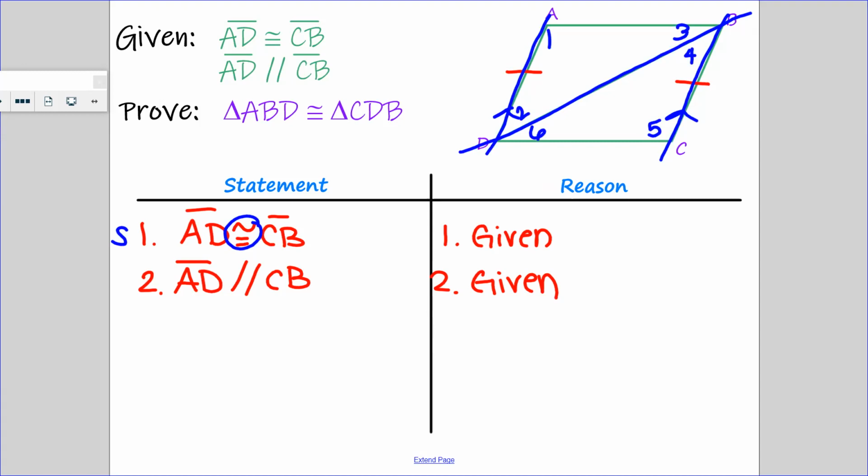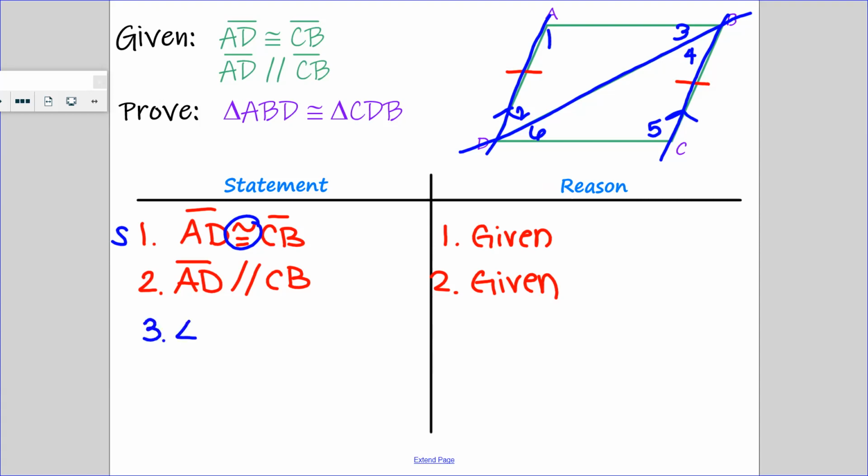Which 2 angles up there would be the congruent ones? Would it be 2 and 4? Would it be 3 and 6? They have to touch the parallel line and the transversal. 2 and 4. 3 does not touch the parallel line. Does everybody see that? It has to be 2 and 4.